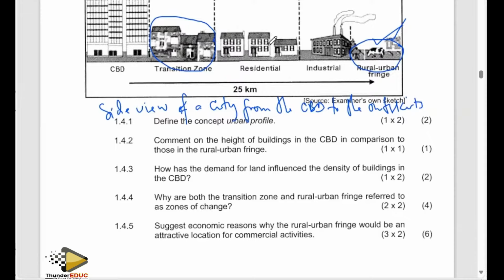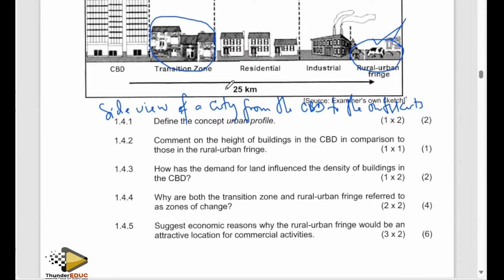Zone of change. Right. The fact that they've got mixed functions suggests to us that they are part of the change process. If you are coming from the CBD, it's truly commercial, and we are now going to another zone. And in between there is no distinct boundary of activities happening.